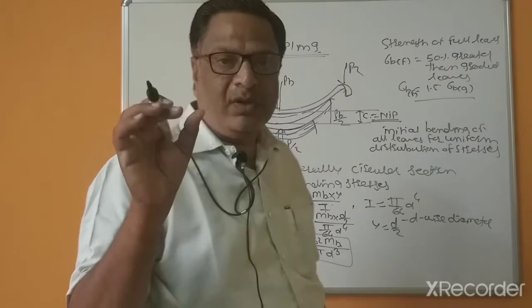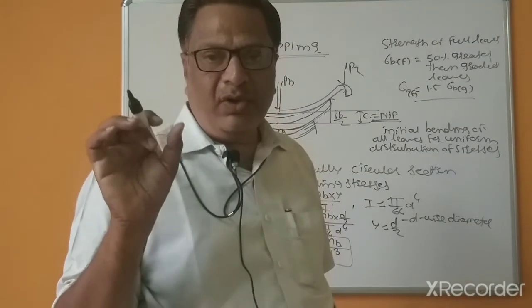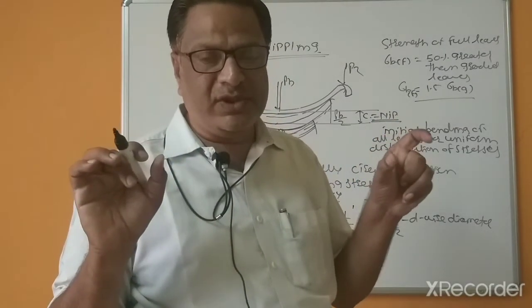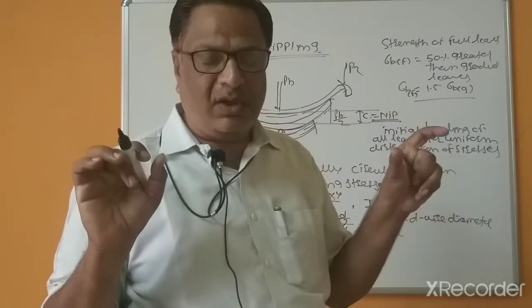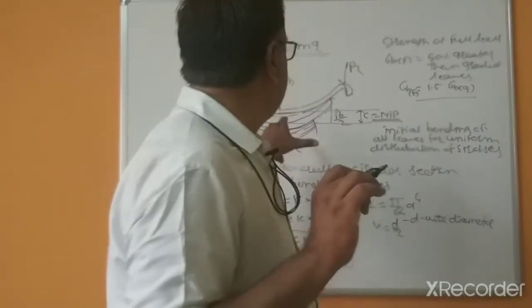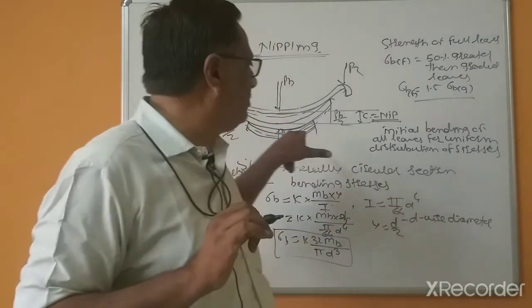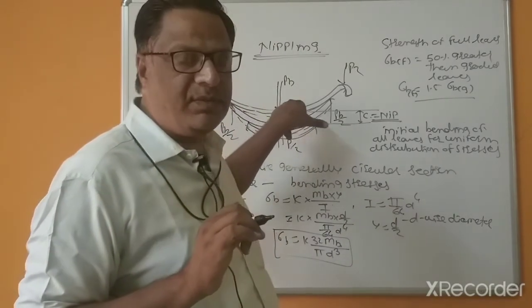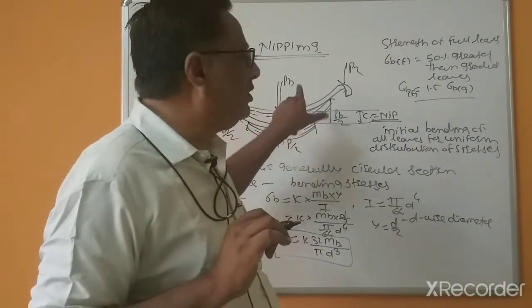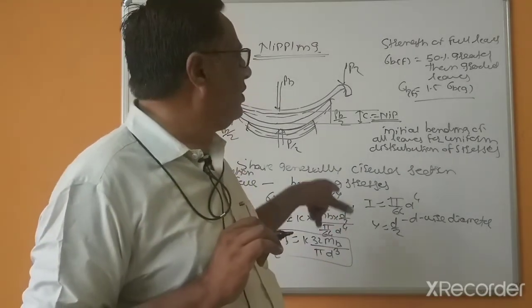So the radius of curvature of the smaller graduated leaves is small as compared to the graduated leaves, and the radius of curvature of the graduated leaves is small as compared to the radius of curvature of the master leaf or full leaves.